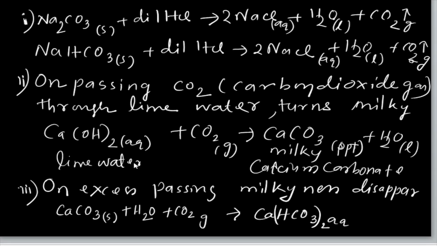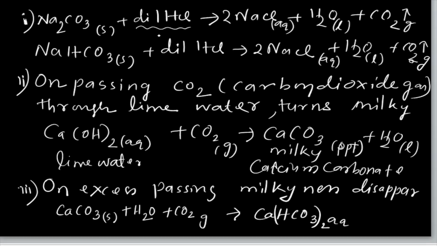Now if you come to the reaction, first we took sodium carbonate, Na2CO3, and dilute hydrochloric acid. Remember, if you do not write dil, dilute, then the reaction is wrong. Dilute means a water amount is there, but don't add water to acid.